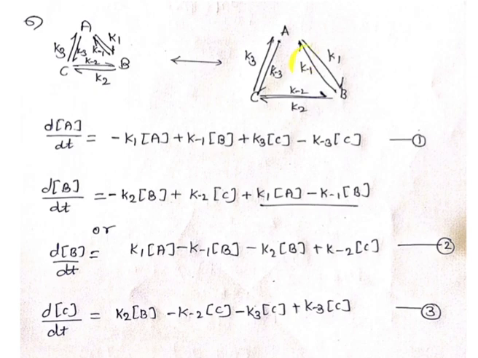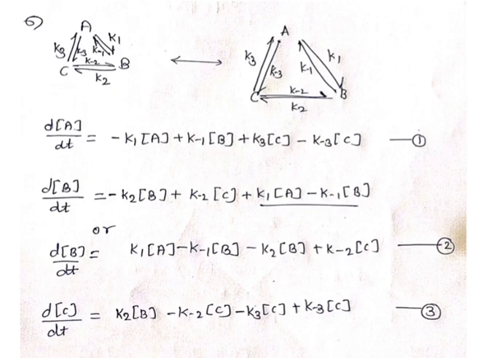With rate K minus 1 it goes on decreasing, and the species decreasing is B. So minus K minus 1 into concentration of B. Minus, in this step it is also involved, that's why with rate K2 it goes on decreasing to form species C, therefore decreasing, minus sign, rate is K2, and the species decreasing is B. So written here as minus K2 into concentration of B. Next, by K minus 2 rate it is again forming, formation rate is positive.